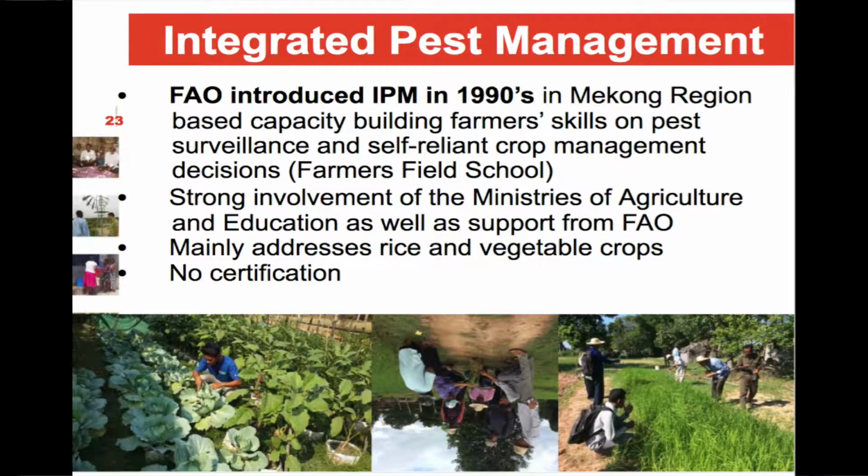It started in the 1990s in the Mekong region, and it is based on capacity building of farmer skills on pest surveillance and self-reliant crop management decisions. We all know that during that time, FAO concentrated on helping farmers come up with better decisions by analyzing the agroecosystem capacity.